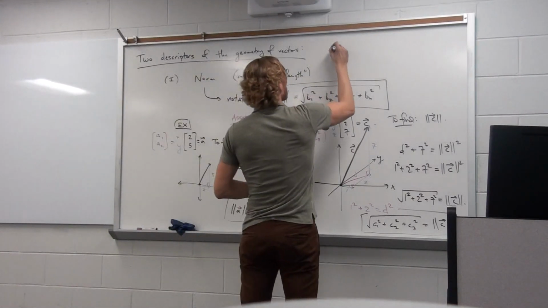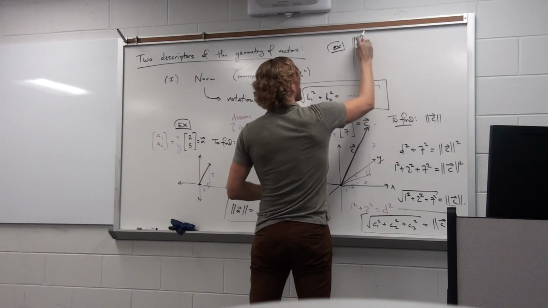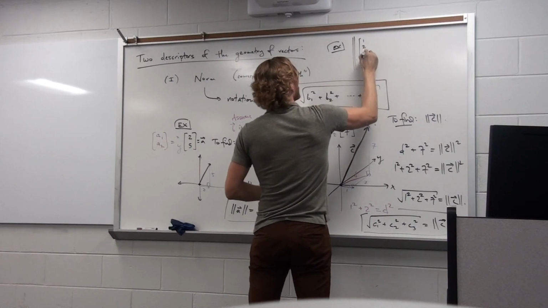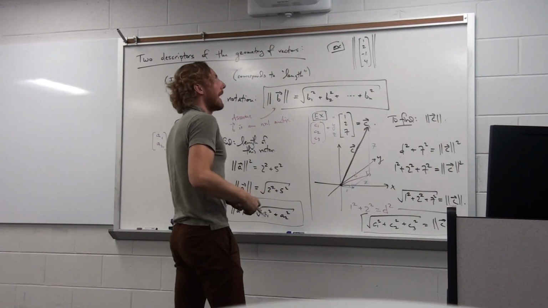As an example of this, if you wanted the norm of the vector, let's say 1, 2, minus 1, 4, you could compute that. How do you do it?